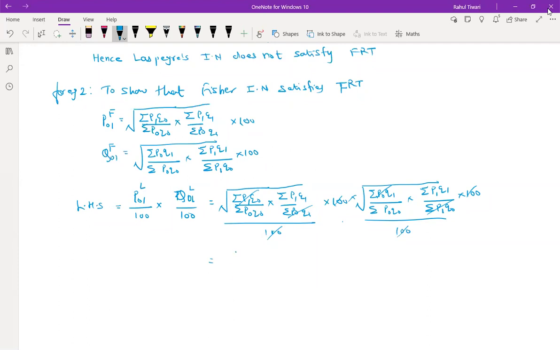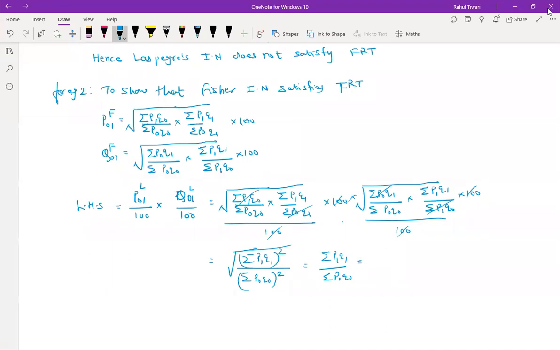Okay, so this is going to be square root of summation P1 Q1 square, whole thing divided by summation P0 Q0 square. So you can look at now, you have a square root, you have a square, so it becomes summation P1 Q1 divided by summation P0 Q0.